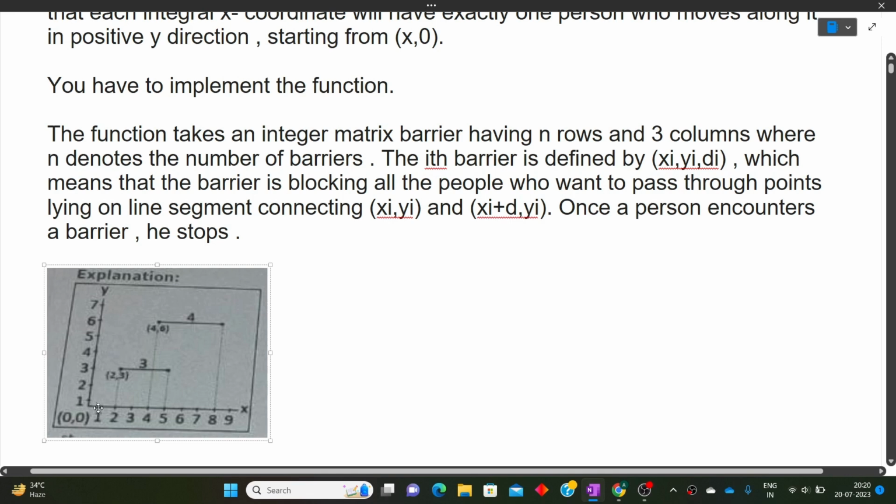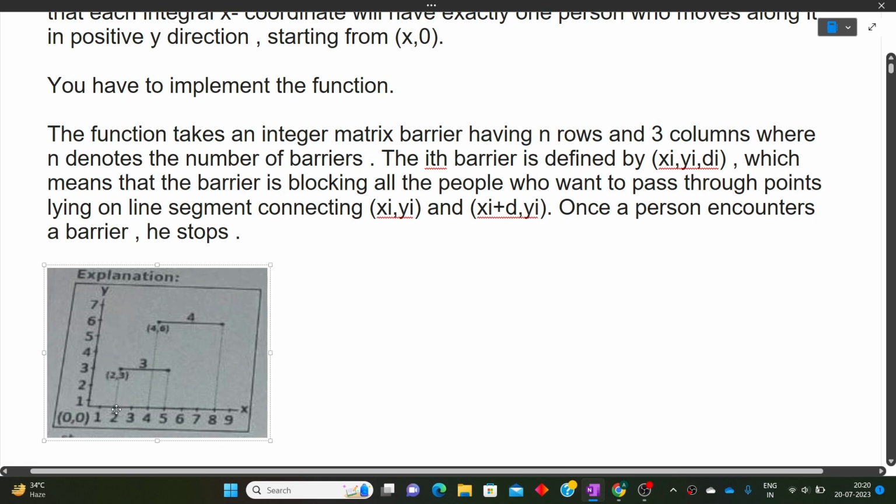Now, as I have told you, every person will start from these points and move towards the positive y-axis. Let's suppose there is a person who is starting from 1. When the person starts to move in a positive y direction, he will keep on moving and there is no barrier present there. So the person at first position will keep on moving without any barrier.